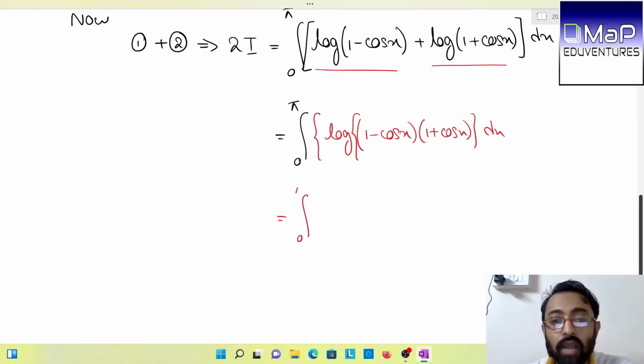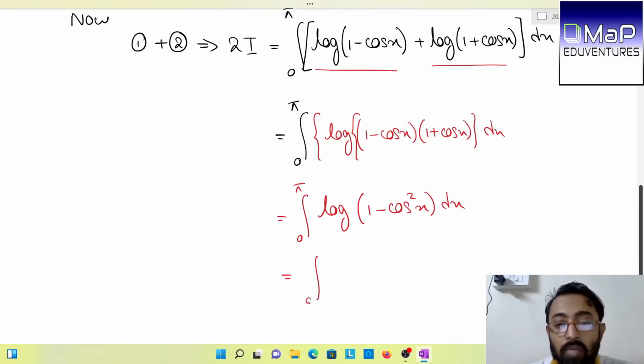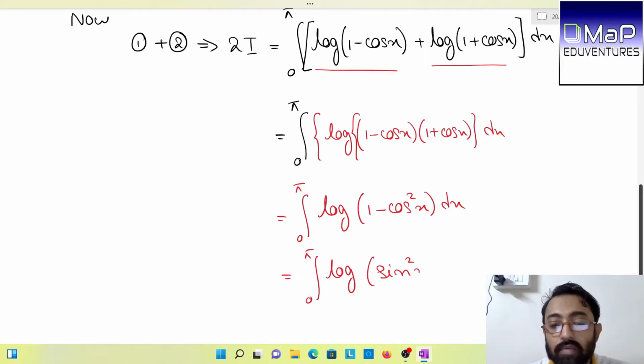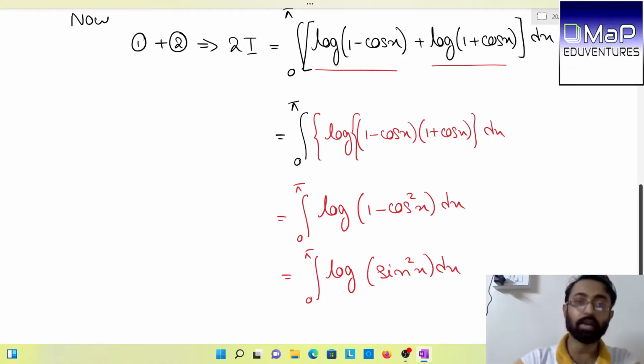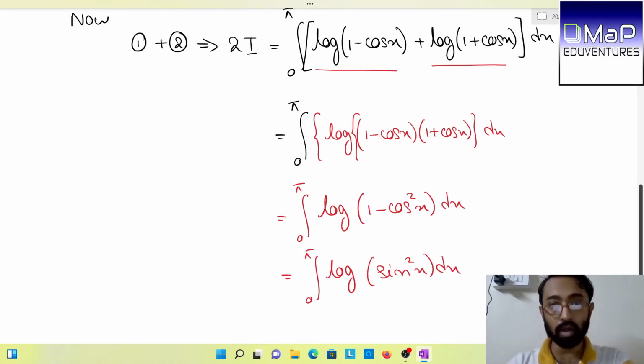So now we will have 0 to pi log of 1 minus cos square x dx, and here we get the formula 0 to pi log of sin square x dx. Okay, now what? So we got log of sin square x but the integration is still there.